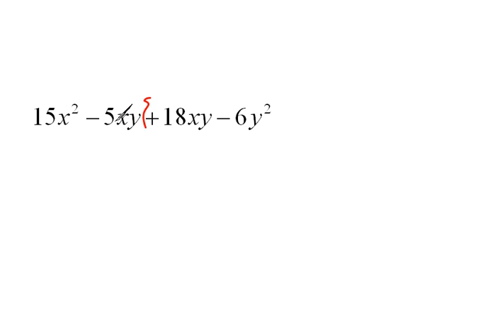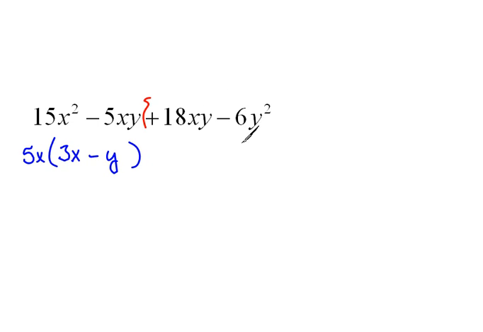In these first 2 terms, we have a 5 in common, and we also have an x in common. So when I pull the 5x out, 5x times what will give us 15x squared? That would be a 3x. And 5x times what would give us negative 5xy? That would be a negative y.